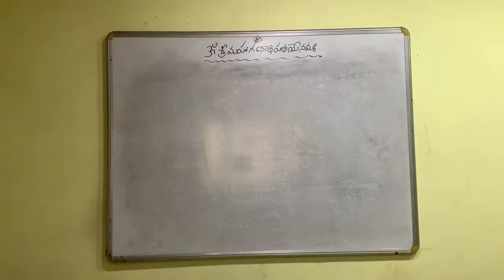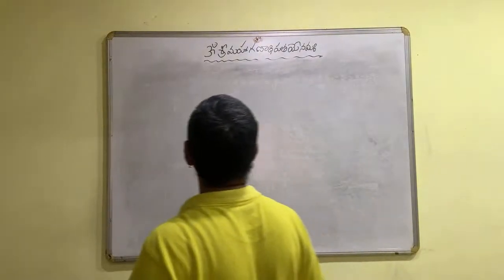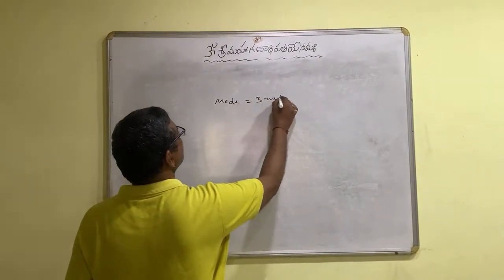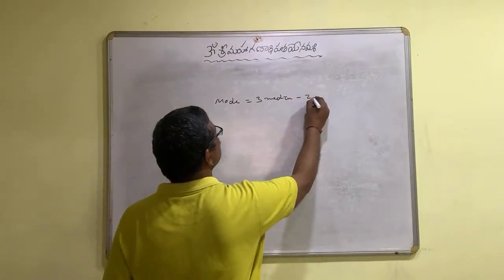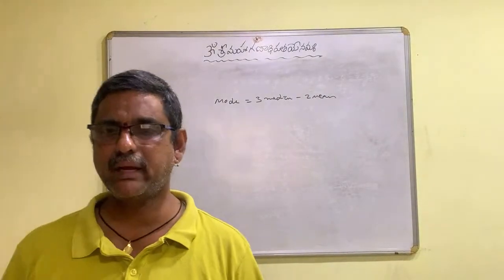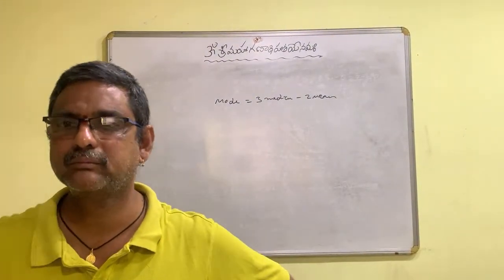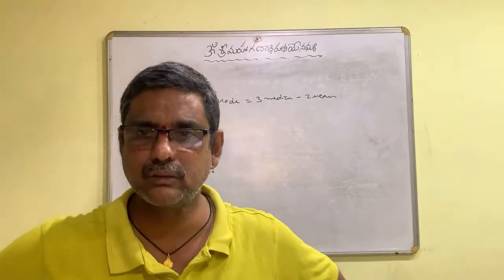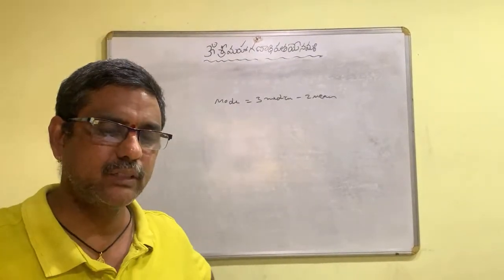Mode is equal to 3 median minus 2 mean. Okay. Now substitute the values and find out mode.